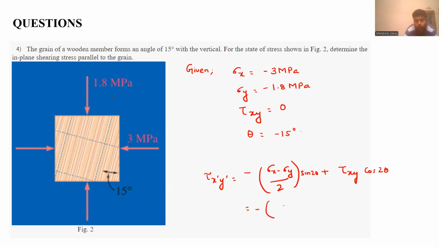So this will become minus 3 minus of minus, which will be plus 1.8, by 2, and sine 2 theta will be sine minus 30 degree, plus tau xy is 0 times cos of minus 30 degree. So just substitute the value and tell me the final answer, what you are getting.